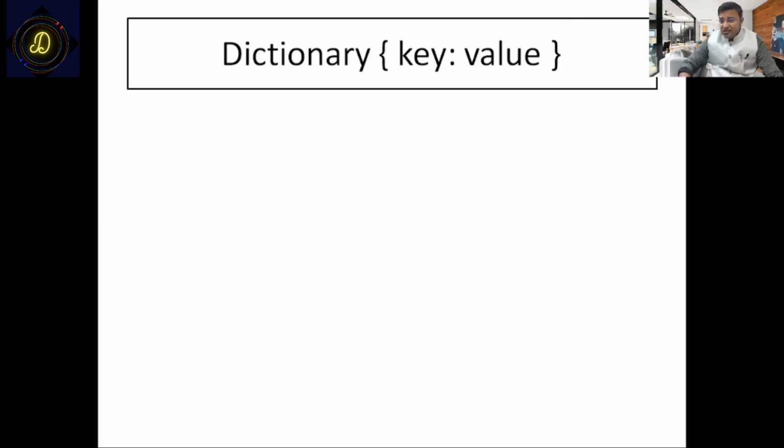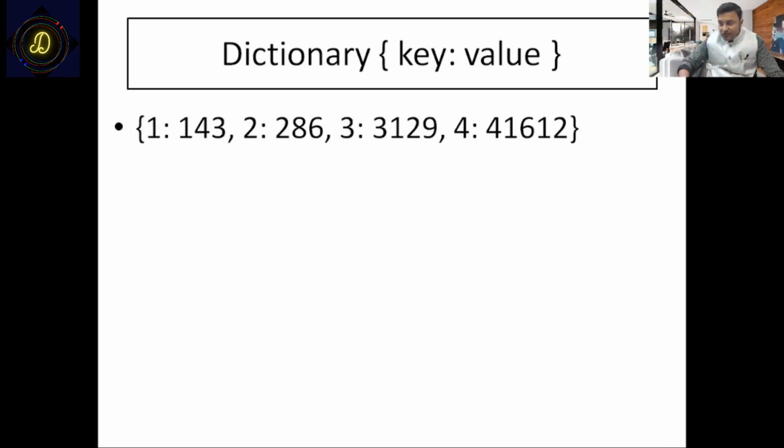Next is dictionary. A dictionary is also normally written inside curly brackets, and dictionary values are stored under a key. This is a key-value pair. Dictionaries come with key-value pairs inside curly brackets. You can see like this: 1 is a key, and 143 is a value. 143 is I love you, right?